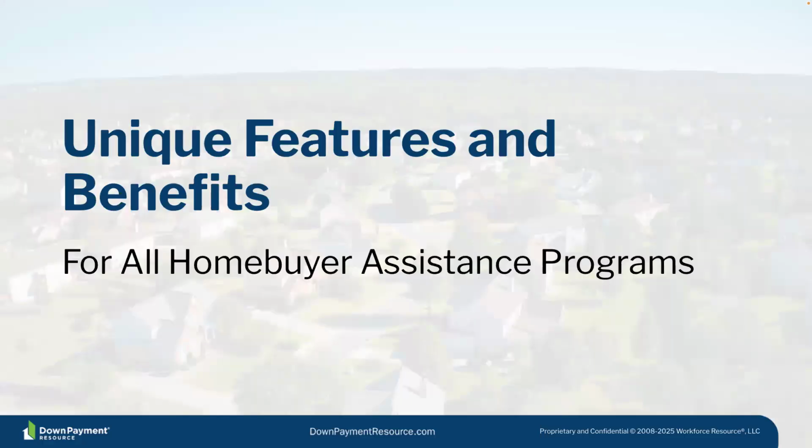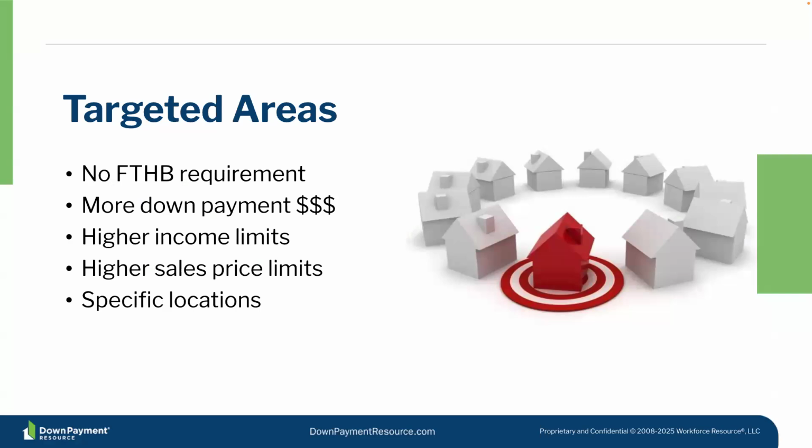So let's wrap up this breakdown of the most common homebuyer programs with a few other important scenarios where there may be additional or unique benefits to help your clients. There are many programs that offer additional or unique incentives to buyers purchasing in targeted areas. These are areas with higher foreclosure rates, vacancy rates, unemployment rates, or parts of town most in need of community investment, right? That they've been targeted. Typically, there will be no first-time home buyer requirement.